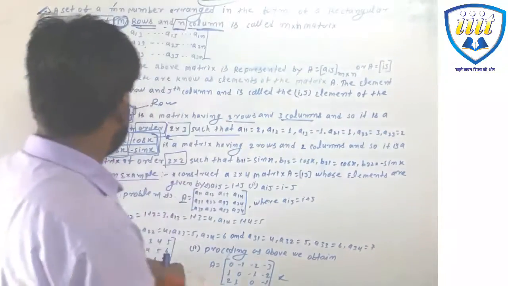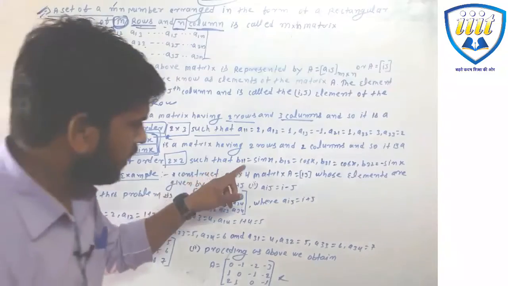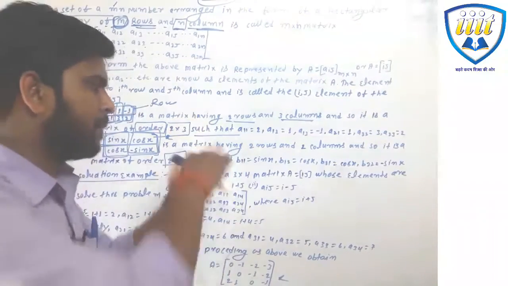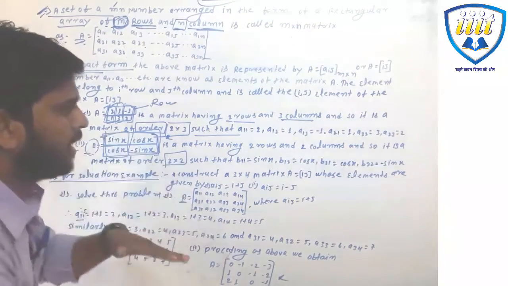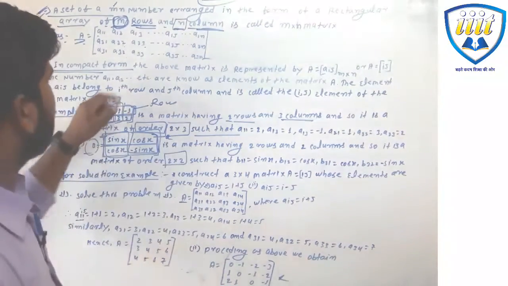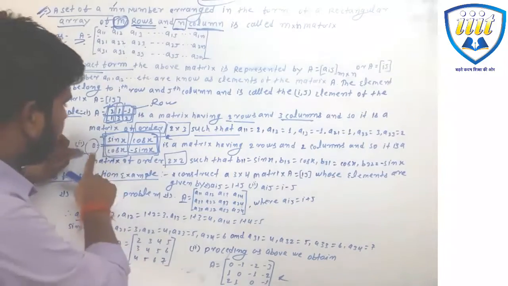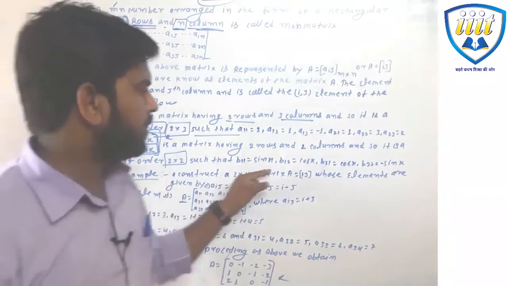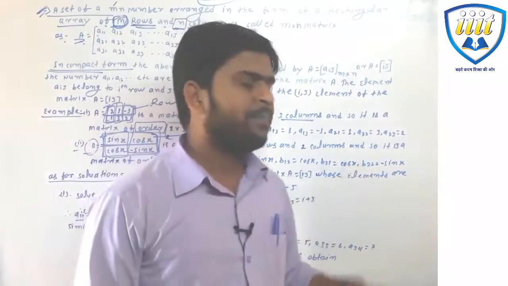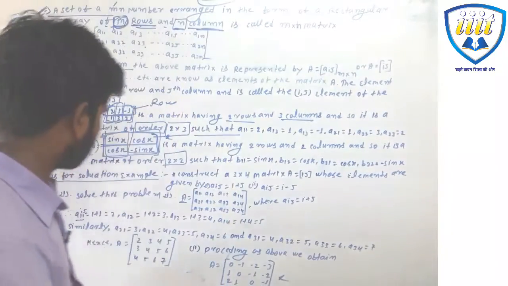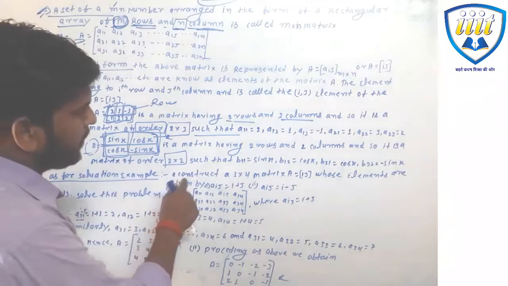Again this is a matrix of order 2 by 2, with elements b11 equal to sin x, b12 equal to cos x, b21 equal to cos x, b22 equal to minus sin x.